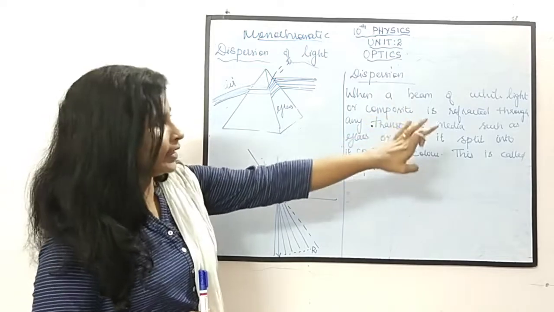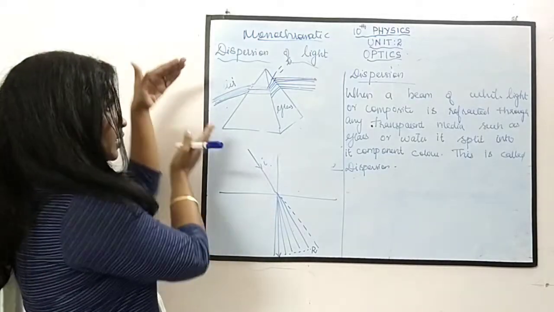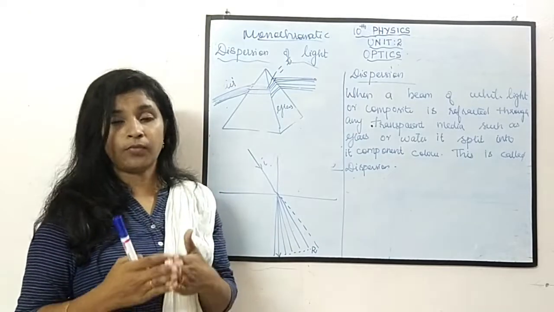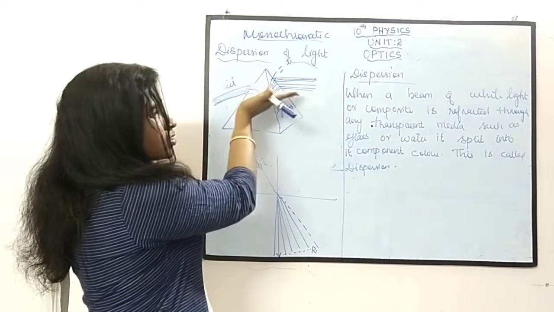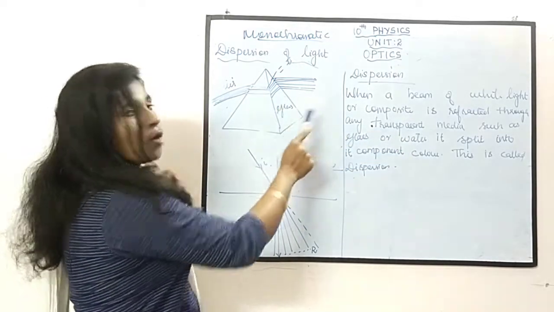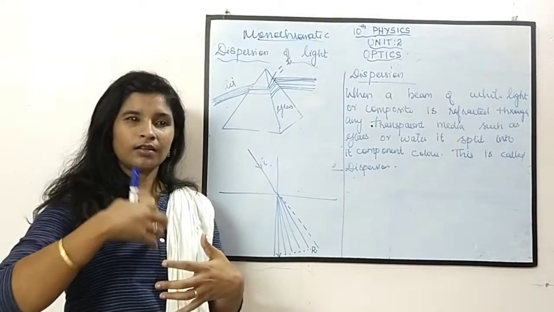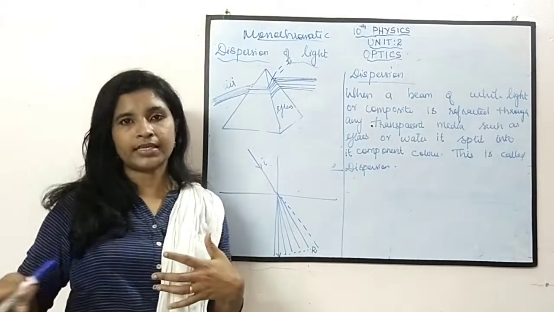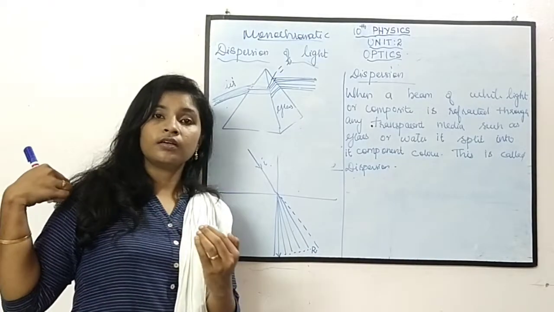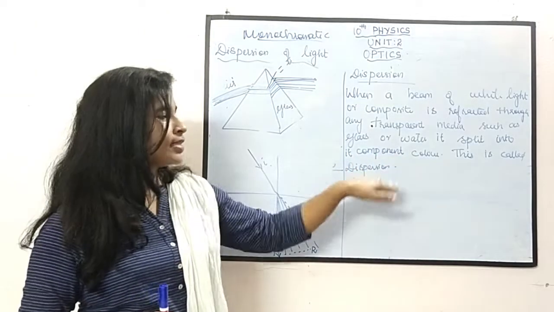When a beam of white light or composite light passes through any transparent medium, such as glass or water, it splits into its component colors. A beam, as I have already said, is when many rays come together. Component means there are many colors inside, and it splits into those colors. Okay, this is called dispersion. Understood? When white light goes through a glass medium or water medium, it splits into various colors. We call that dispersion of light.